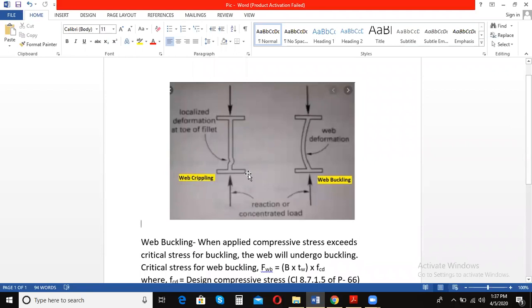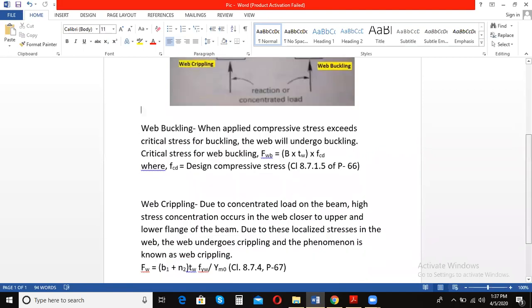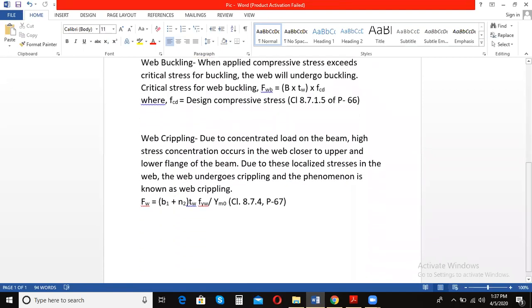Due to these localized stresses, some localized deformations occur at the web near the root junction, near the bottom flange or the top flange. So this occurrence of localized deformation in the web of the beam is known as web crippling, right?